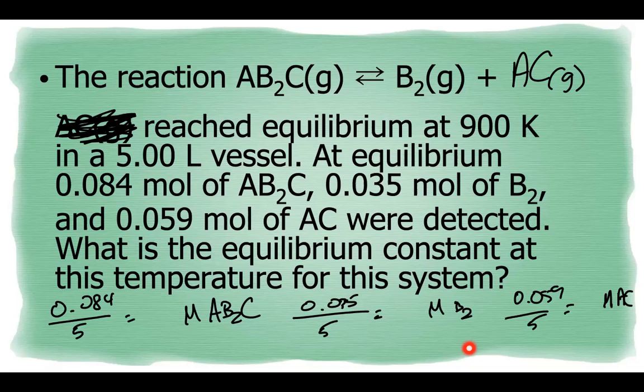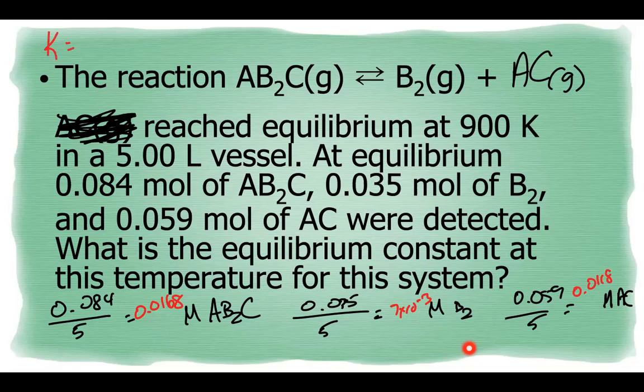0.084 divided by 5 is 0.0168. 0.035 divided by 5 is 7 times 10 minus 3. And 0.059 divided by 5 is 0.0118. Okay, so those are the concentrations you use.